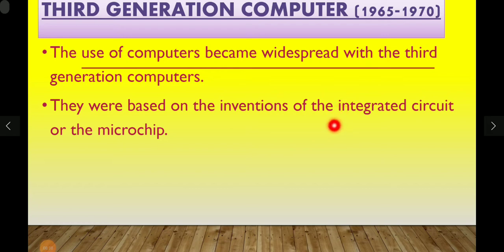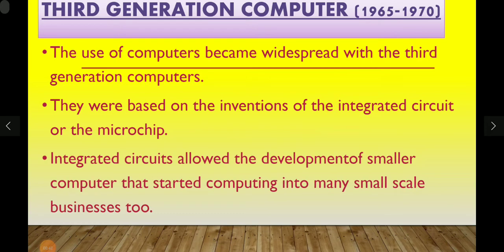I told you there was no concept of circuits in the first and second generation computers. These concepts were developed from the third generation, right? From the third generation, this circuit concept was developed, and now in most machines we can see integrated circuits or microchips. Integrated circuits allowed the development of smaller computers that brought computing into many small scale businesses too.